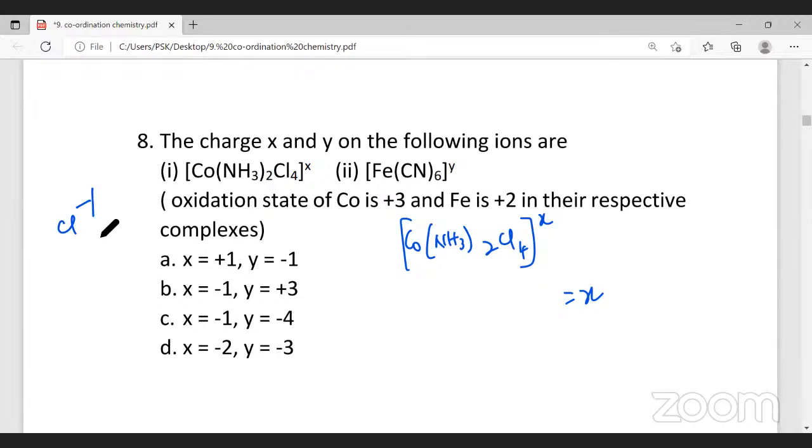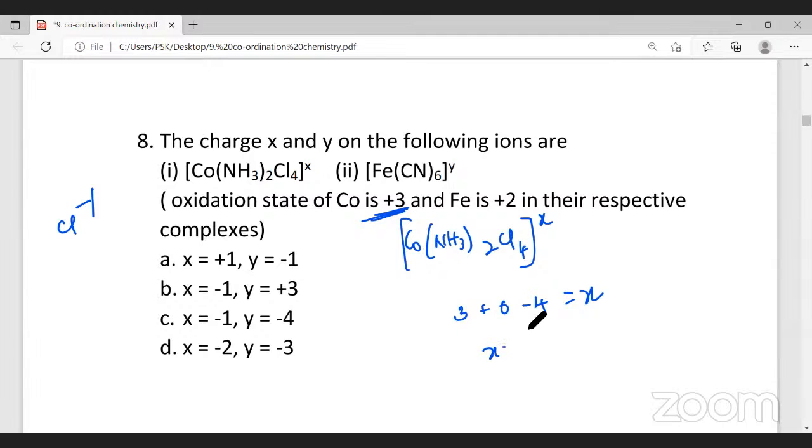Cl minus 1. So minus 1 into 4 is how much? Minus 4, sir. Ammonia is what type of ligand? Neutral, sir. Neutral ligand. 0 into 2 is what? 0. Cobalt, they've given the oxidation state to be what? +3.